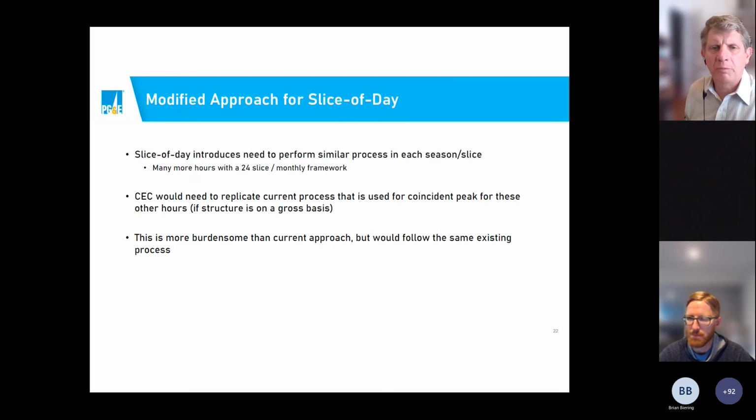From a presentation perspective, I think we've come to the end of what PG&E has prepared for presentation. I will note there was some conversation in the chat about having more in-depth discussions about storage and how storage fits in.